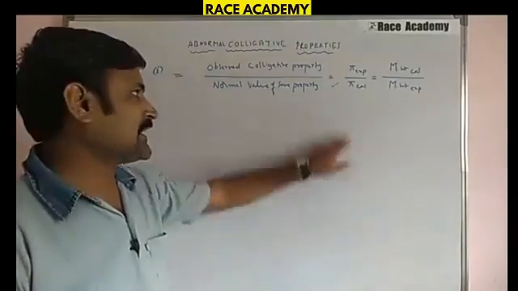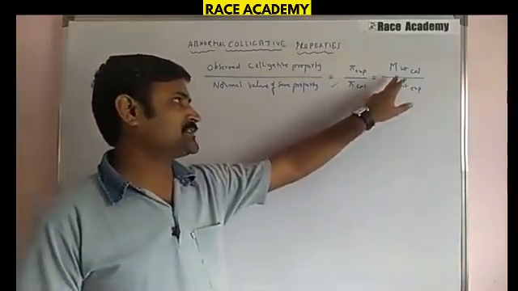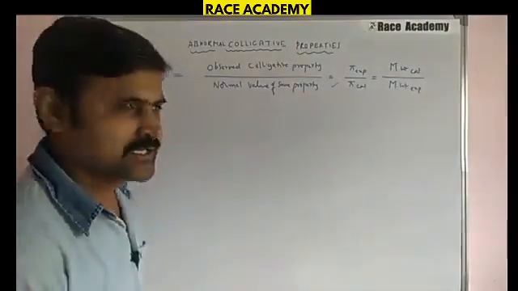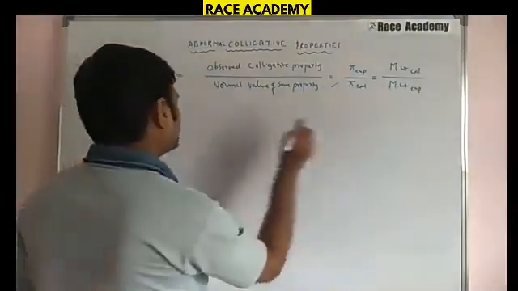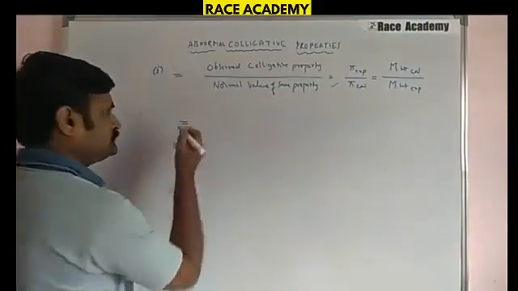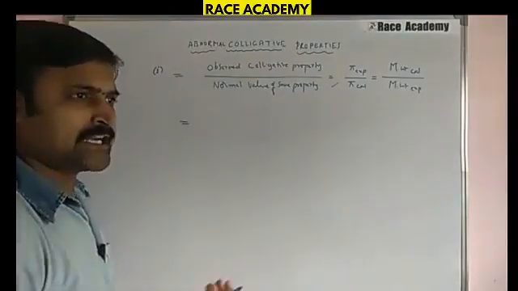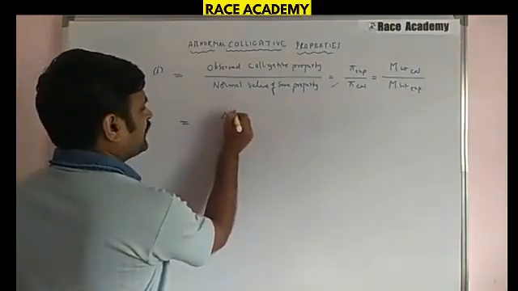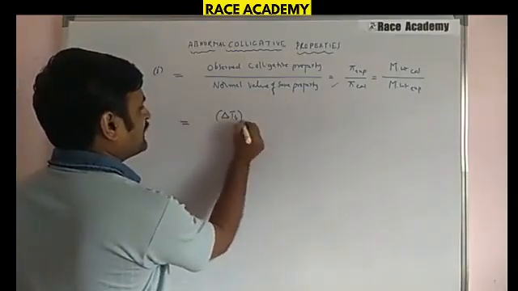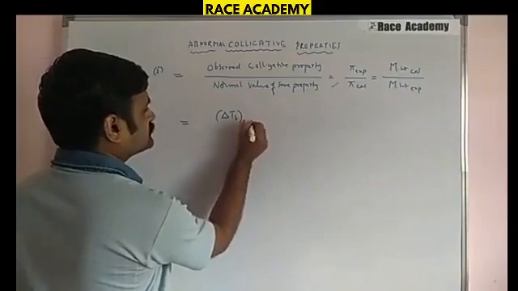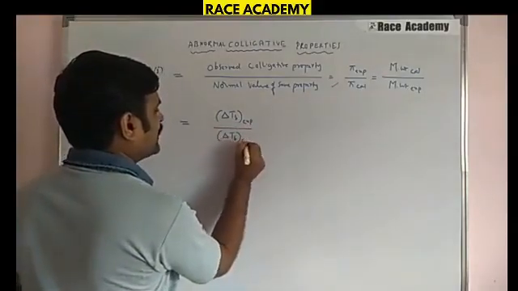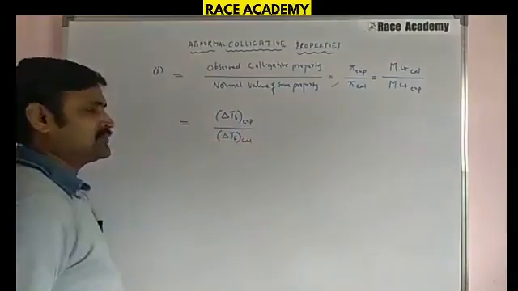That can be written like this: pi experimental by pi calculated is equal to molecular weight calculated by molecular weight experimental. Not only this one, you can take any of the colligative properties, like the delta TB value. What is delta TB? Elevation in boiling point experimental value divided by delta TB calculated or theoretical value.